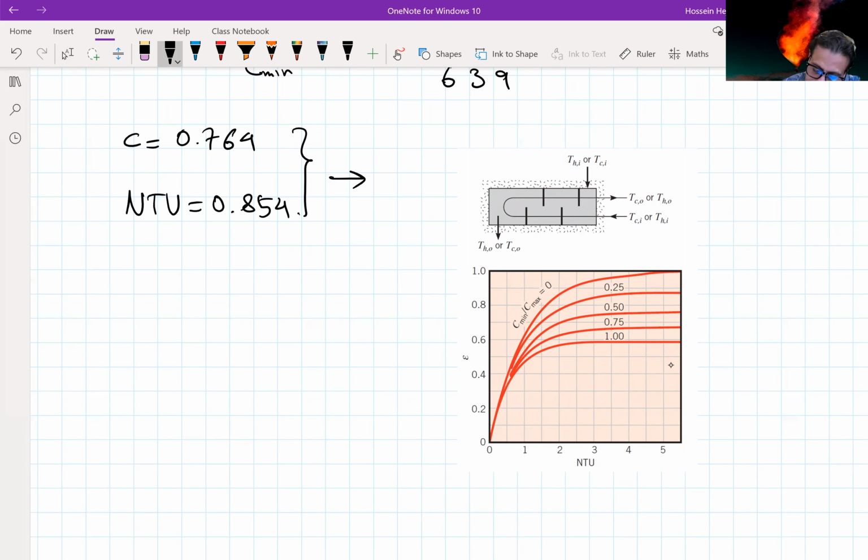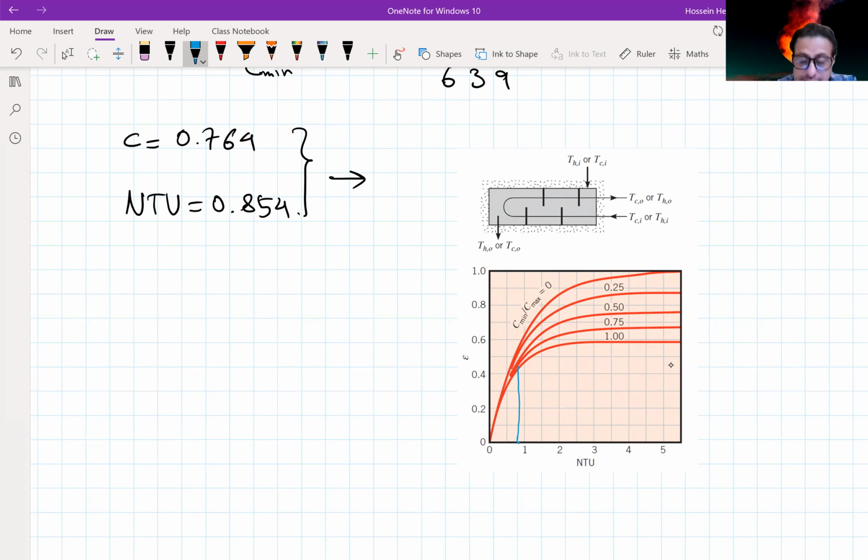I have the relationship between epsilon and NTU, plotted versus different C. So here NTU is 0.854, and C is 0.764.